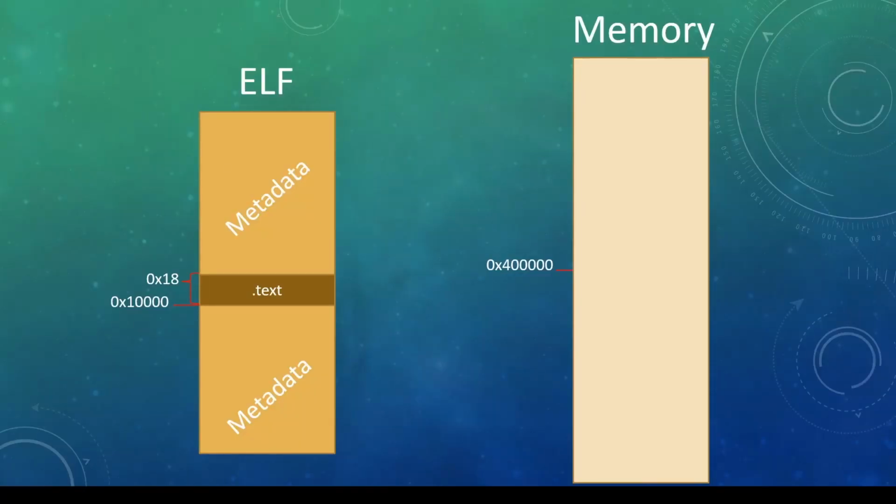So on the left we have the ELF file, and addresses go from bottom to top, and at offset hexadecimal 10,000 we see the .text section with size of hexadecimal 18, and on the right we see the memory, and we know that eventually this will have to end up here at address hexadecimal 400,000.